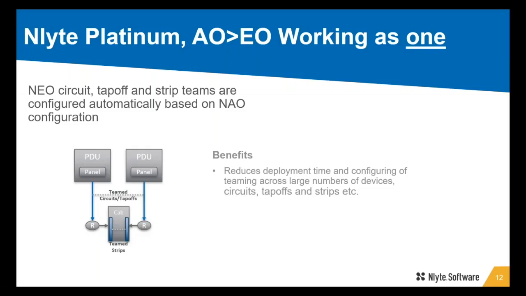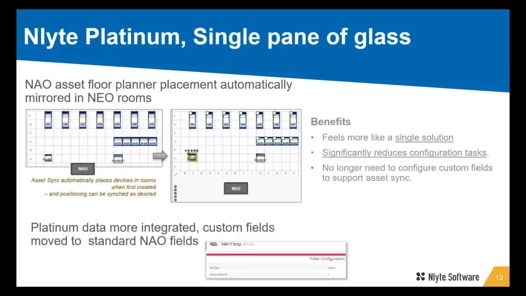Okay, and then we take on that same premise when we look at the floor plan. Inside Neo, when you lay out your floor plans and you've built all your floor plan, you've laid all your racks out and everything else, the coordinates of all those devices are going to be passed across to Neo. So your assets from Neo, positions and layouts are now going to be passed across to Neo.